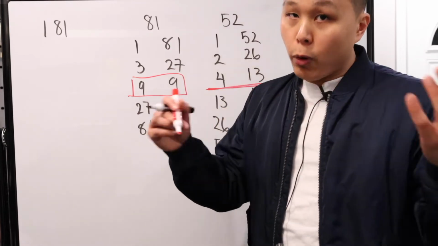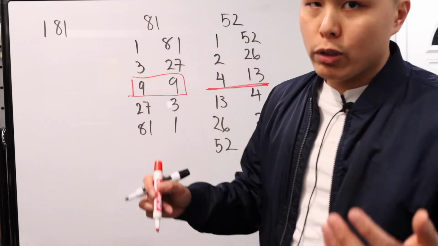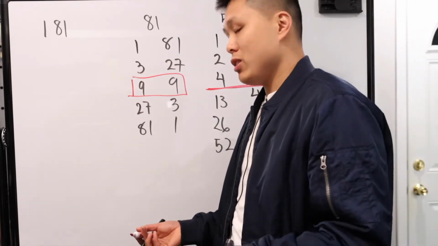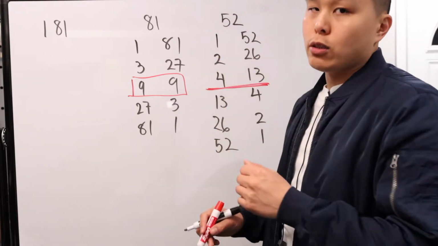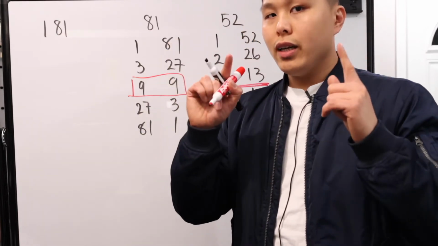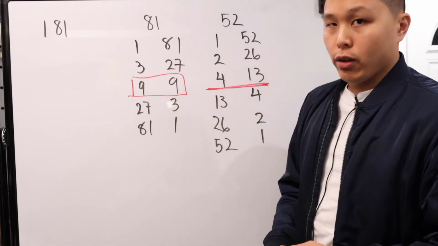If any of the prime numbers up to that square root can divide into that original number, then, well, ta-da, it's not prime. Simple as that. But if all the prime numbers leading up to that square root, right, cannot divide into that original number, then it's prime. And we don't have to waste our time testing out the other half.